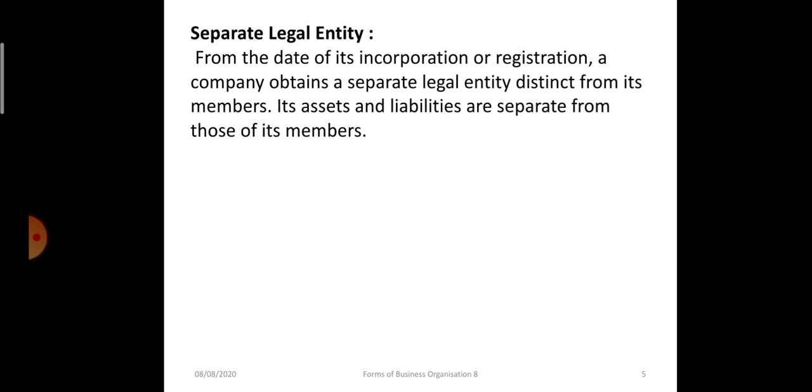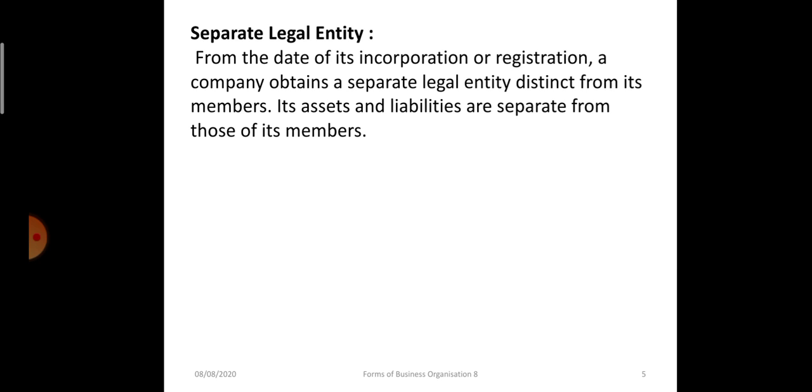Separate legal entity. Now see, in case of joint stock company, incorporation or registration under the Companies Act is compulsory. Without the registration, it cannot come into existence. And this registration gives it a separate legal entity in the eyes of law. In the eyes of law, the company is considered as an artificial entity, because it is not a living being.